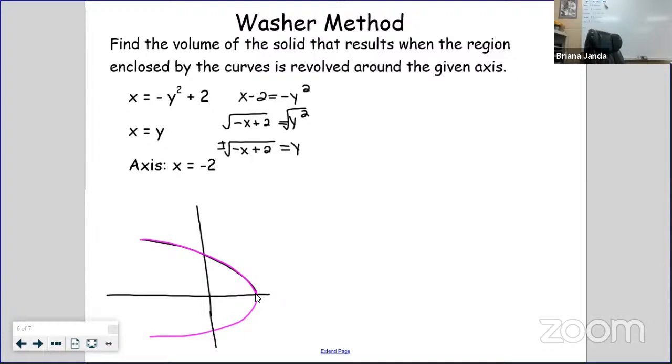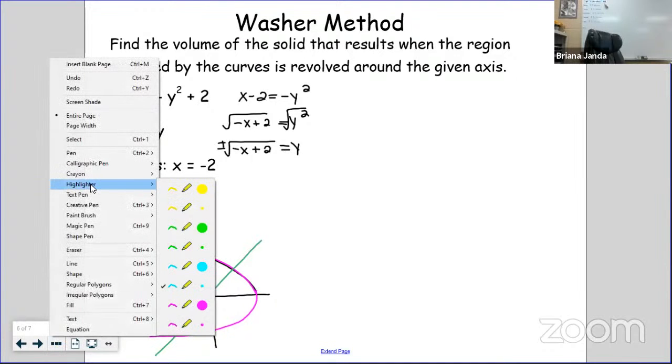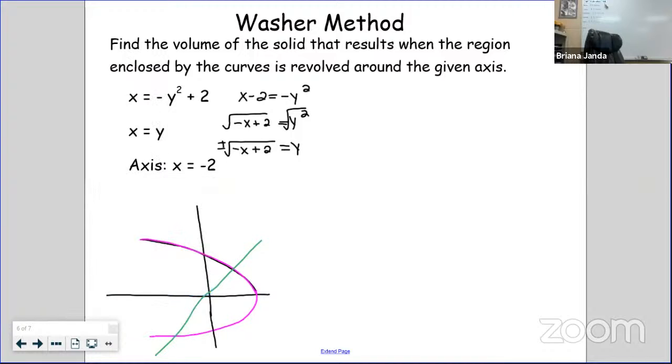So as we look at this, we really do need to draw the whole thing. This region right here is what is getting revolved around x equals -2.